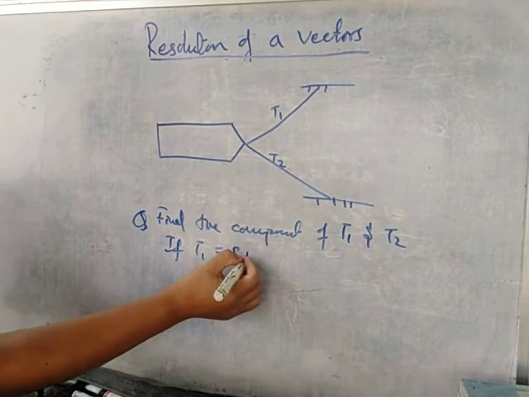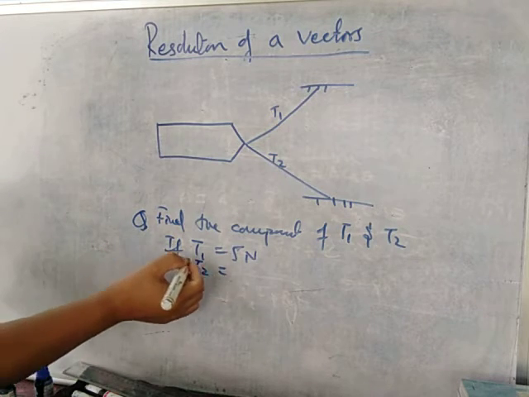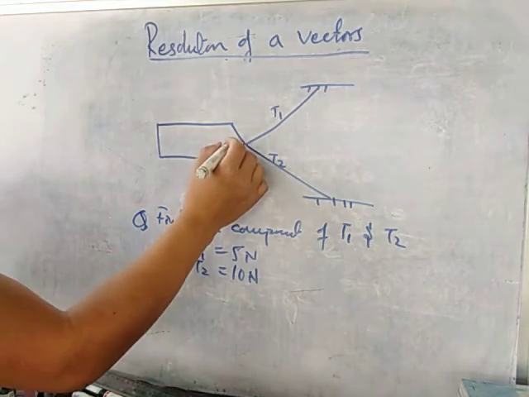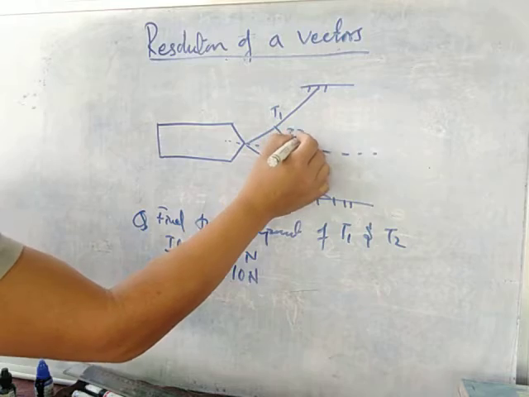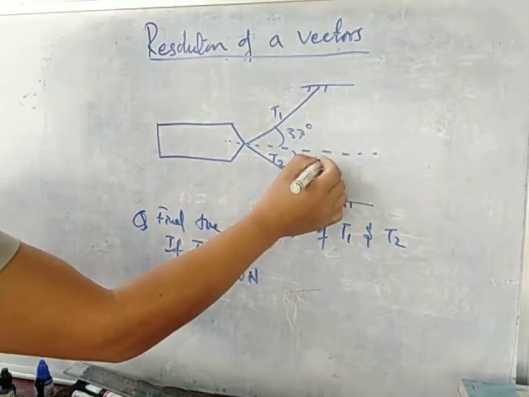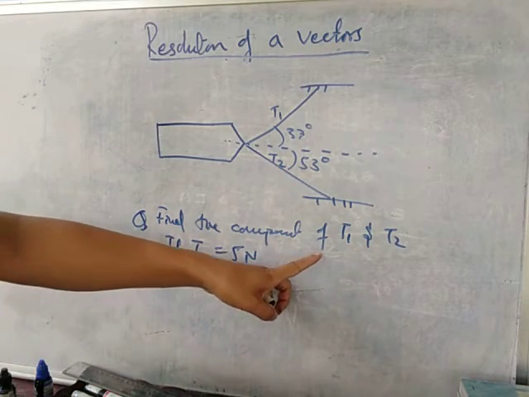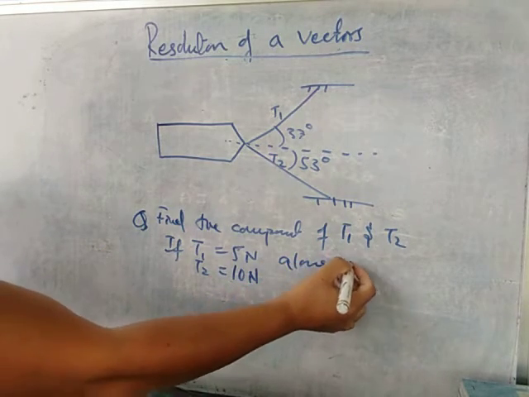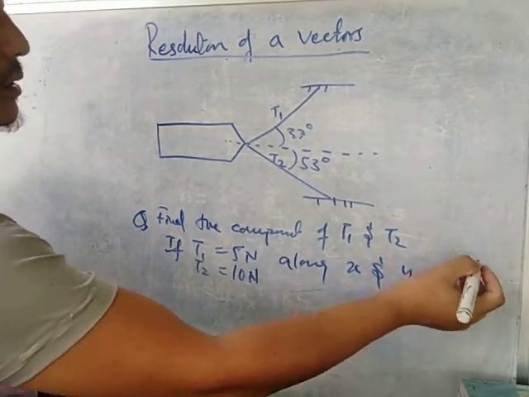T1 equals 5 Newton, T2 equals, let us say, 10 Newton. Okay, and it is also given that this angle equals 37 and this angle equals 53 degree. So find the components of T1 and T2 along the X and Y axis, is also a question.